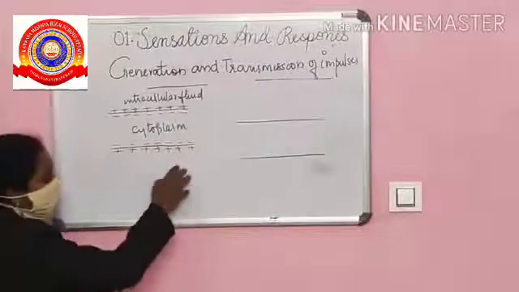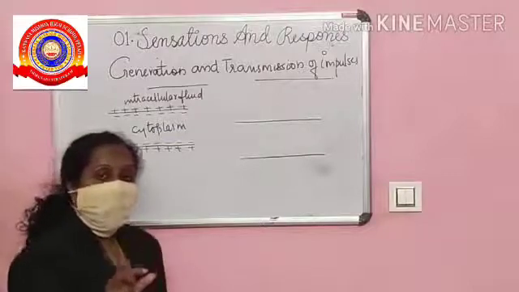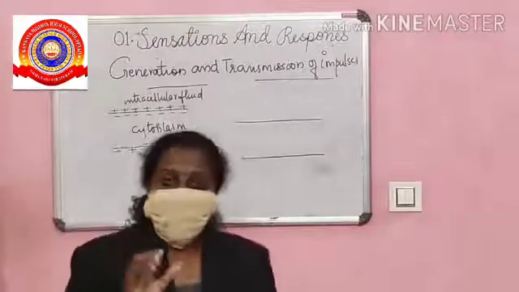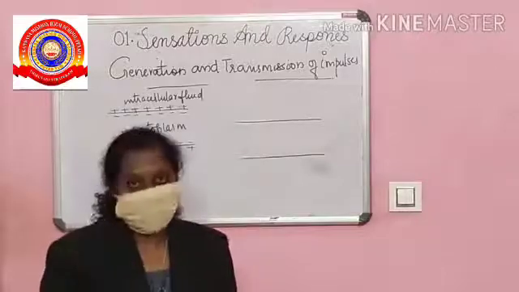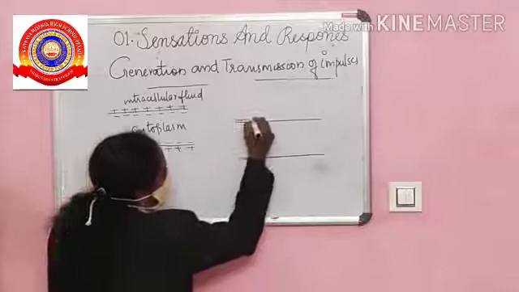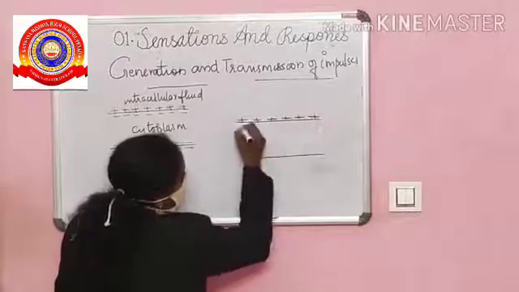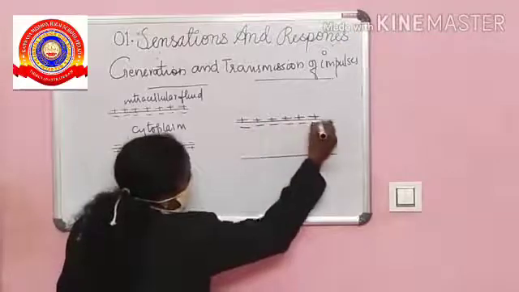Below also we can see the same thing. What happens is, when the impulses reach the axon, the charges will be changed. I've told you that positive charge is seen outside and negative charge is seen inside.